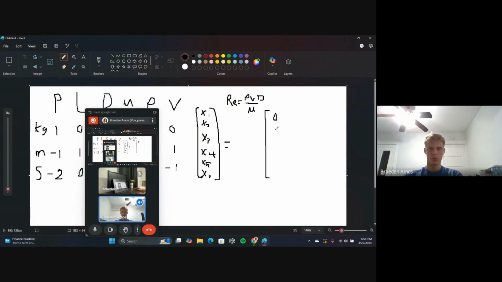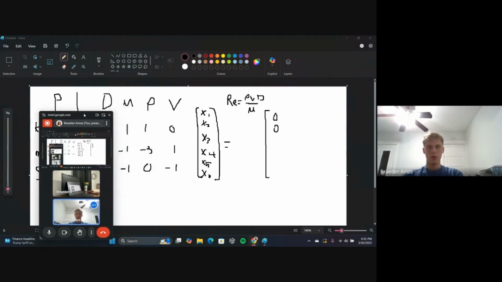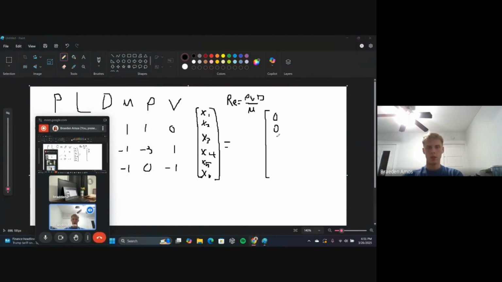So 0, 0. Then we have D, so D is equal to 1, and that's on the top. Mu is on the bottom, so that'd be negative. Rho is on top, so that'd be equal to 1. And then V is equal to 1.